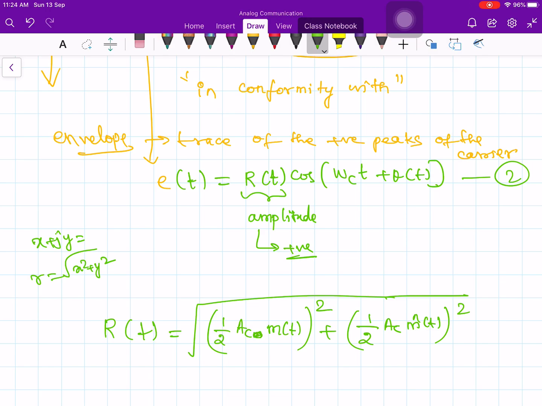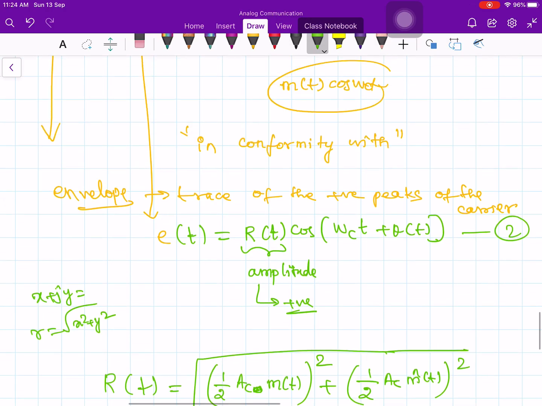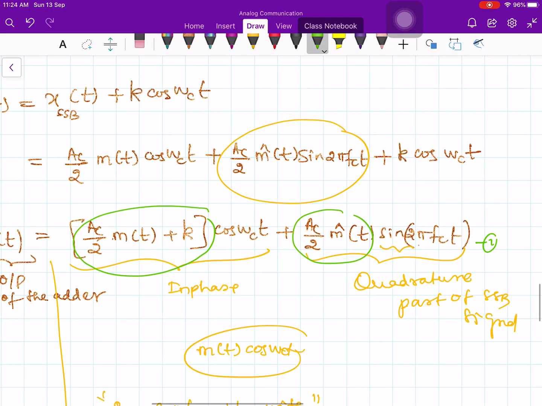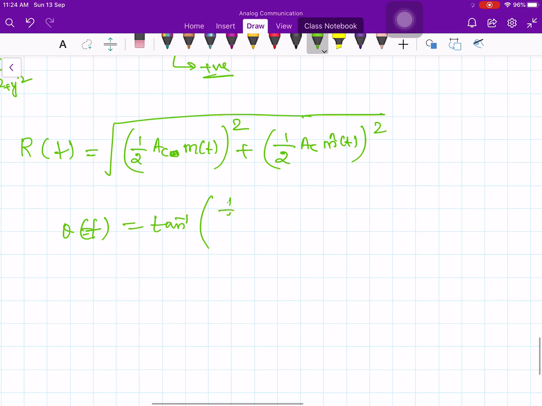What about the theta? Theta is equal to tan inverse of the imaginary part divided by the real part. Here imaginary means the quadrature part. So this is 1 by 2 AC m cap of t, whole divided by 1 by 2 AC m of t plus k.